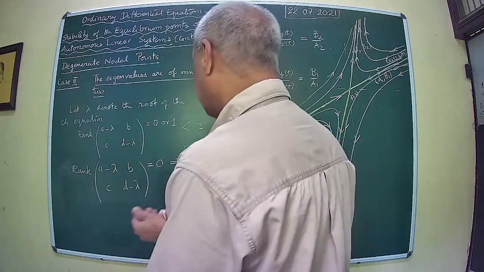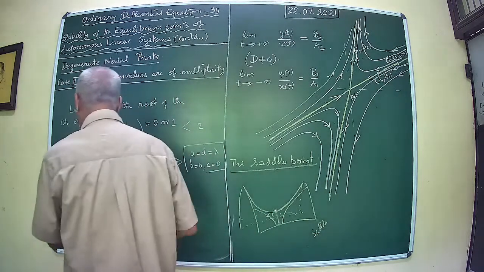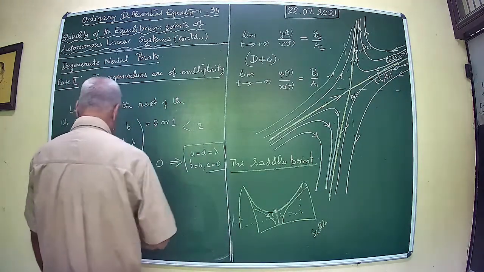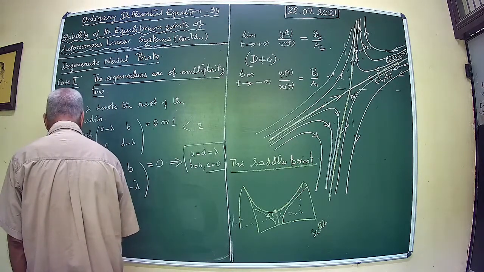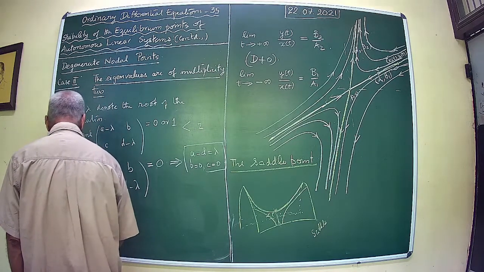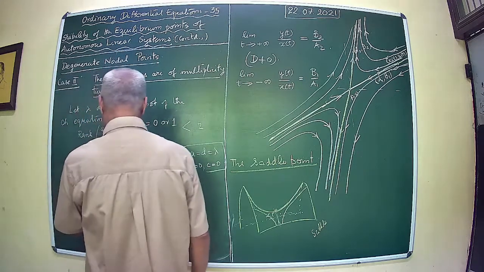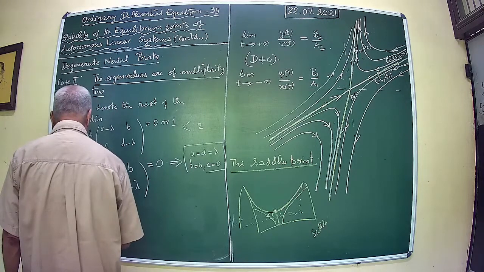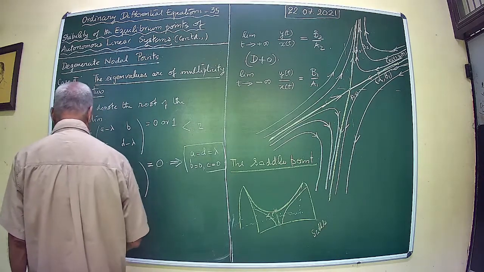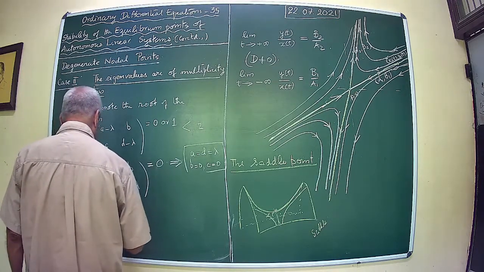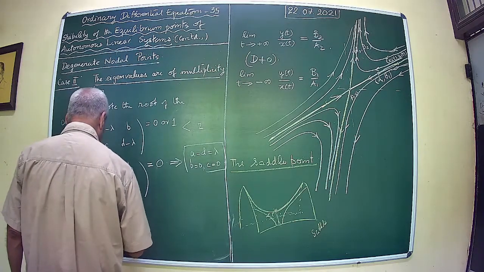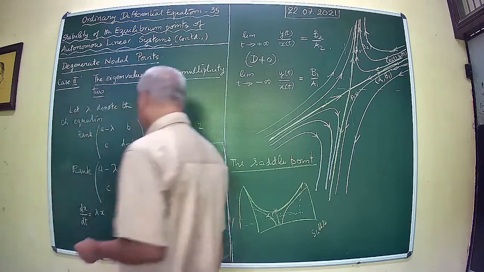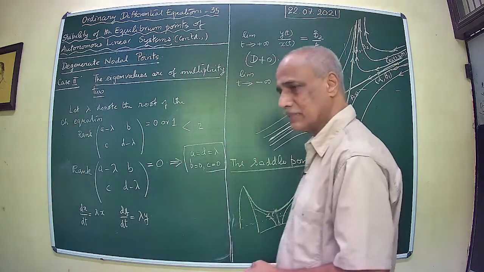Therefore, what is the scenario that you have? The equations would be reduced to simply dx by dt equal to lambda x, since a equals lambda and b is 0, and dy by dt equal to lambda y. Integrate this.